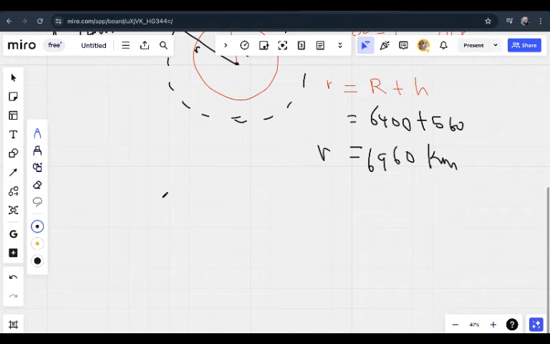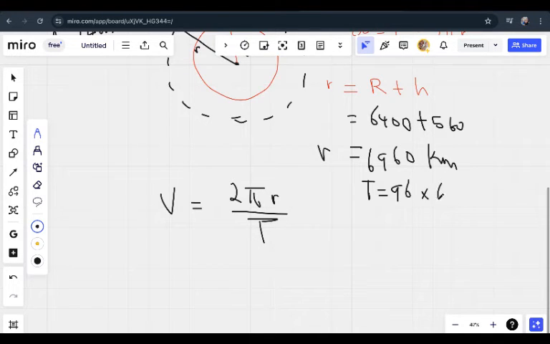Now, if you are asked to calculate the speed, orbital speed is the circumference, 2 pi r, over the time period, or orbital time. This orbital time has been given. Let's do the conversion. It's 96 minutes. Let's convert it to seconds. 96 minutes times 60.